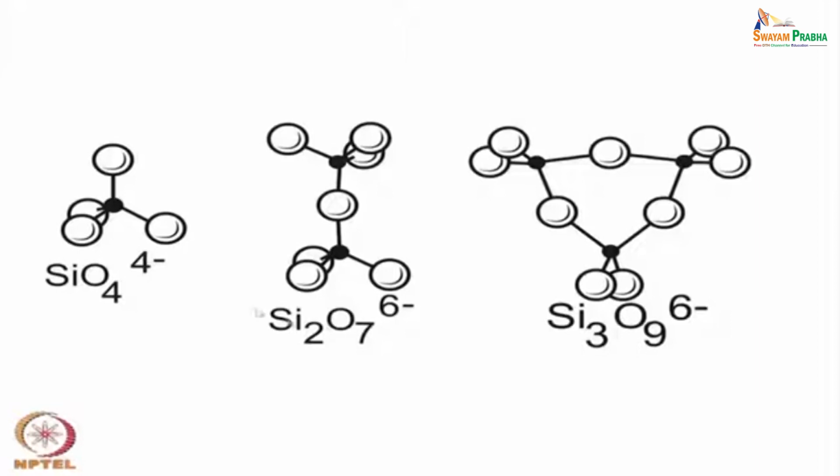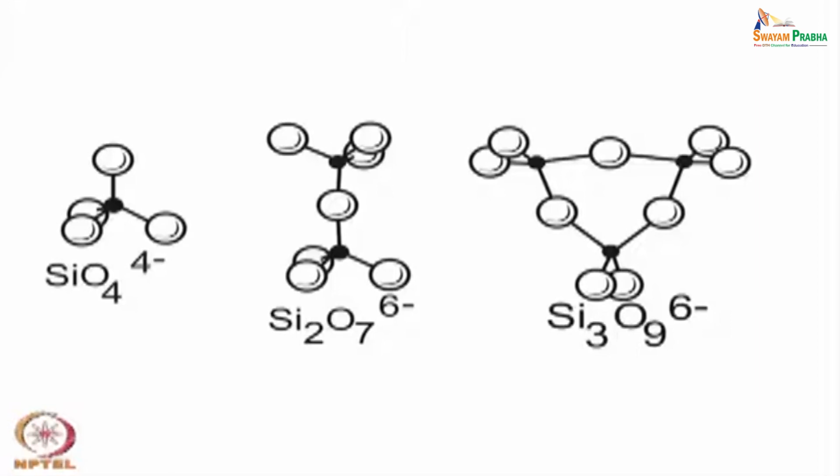Now, when 2 of such units are joined together by a common oxygen, this particular oxygen is common to this tetrahedron and also the other tetrahedron. So, this is a common oxygen between 2 neighboring tetrahedrons, and this is what we call a bridging oxygen. It bridges between this tetrahedron and the other tetrahedron. It is a very common phenomenon in any silicate structure that there is presence of bridging oxygen and non-bridging oxygen.